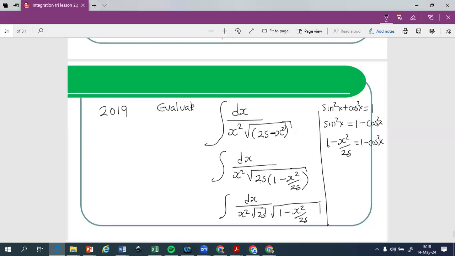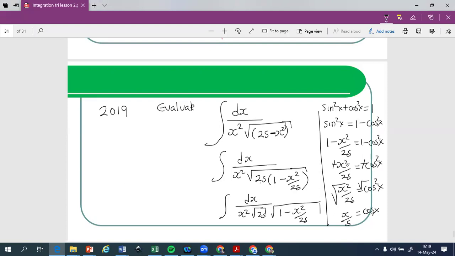You notice the 1 and the 1 cancel, so you remain with negative x squared out of 25 is equal to negative cos squared x. The negatives cancel, so you remain with x squared out of 25 is equal to cos squared x. So you take the square root of both sides, and you end up with x out of 5 is equal to cos x.